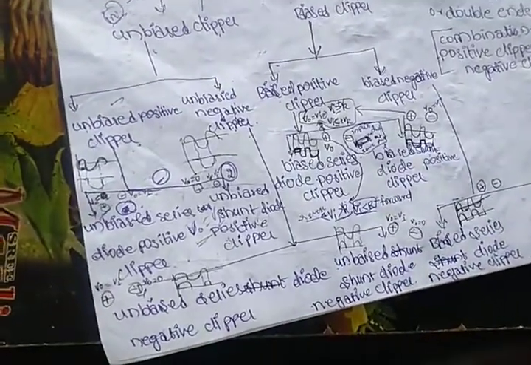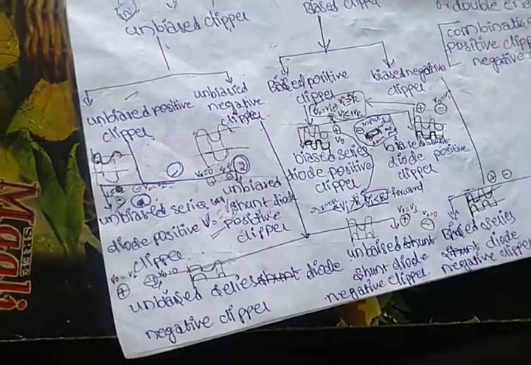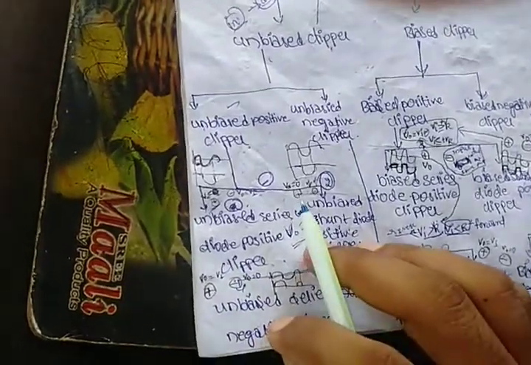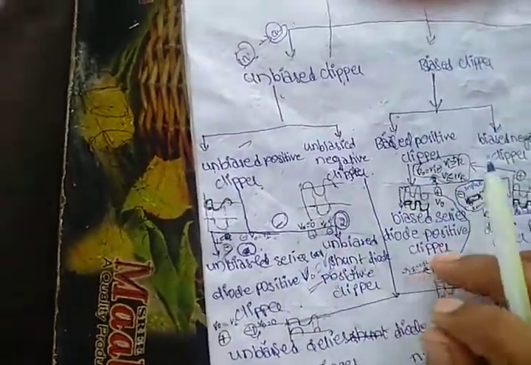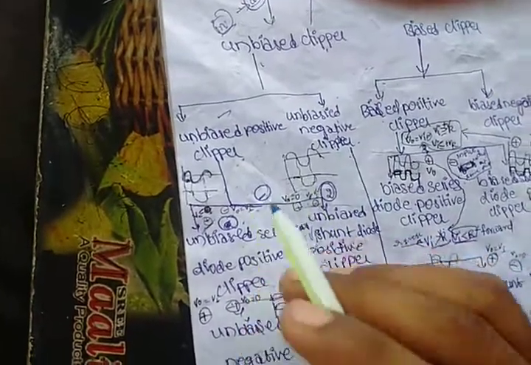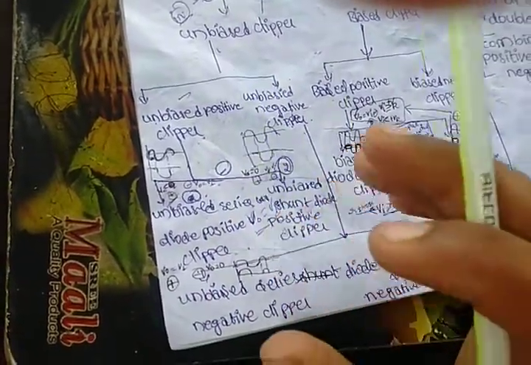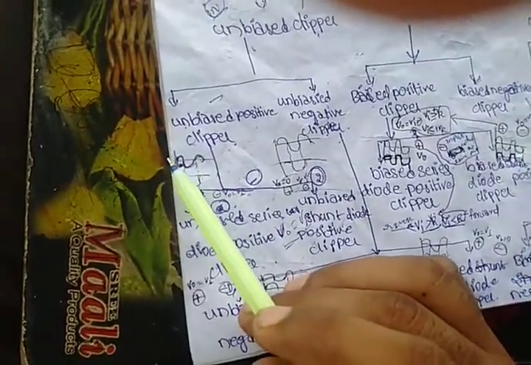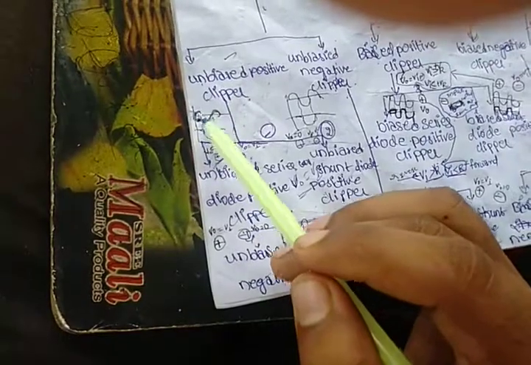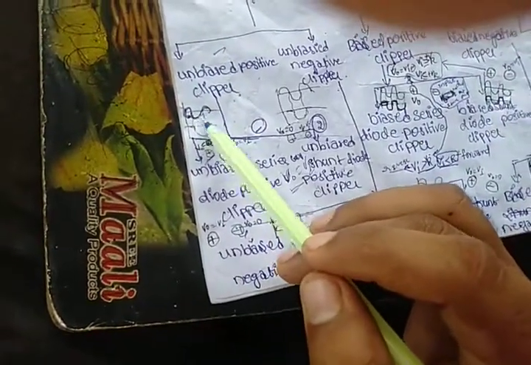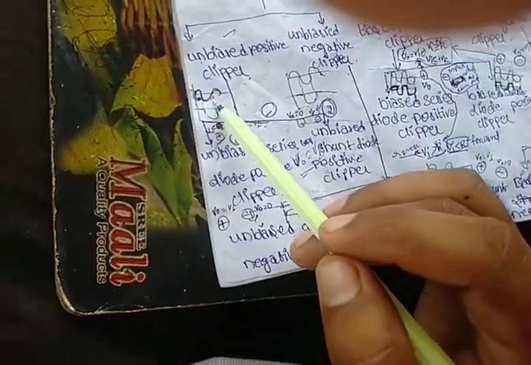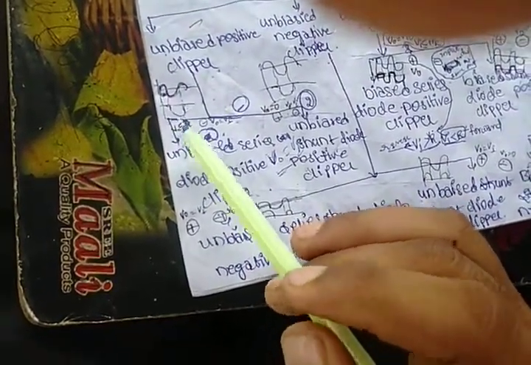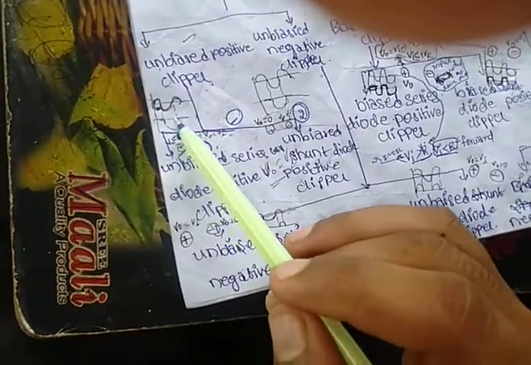Next we have to learn about the unbiased series positive clipper. When we connect the circuit, we get this waveform. Here this is reverse bias and this is forward bias. The current will flow in forward bias, that is in the negative half cycle.